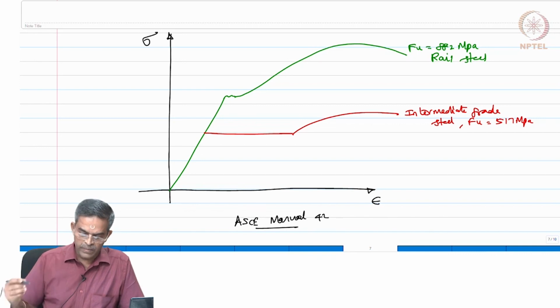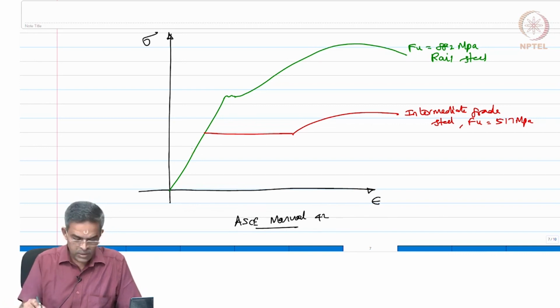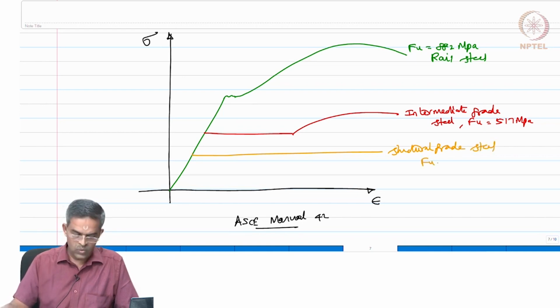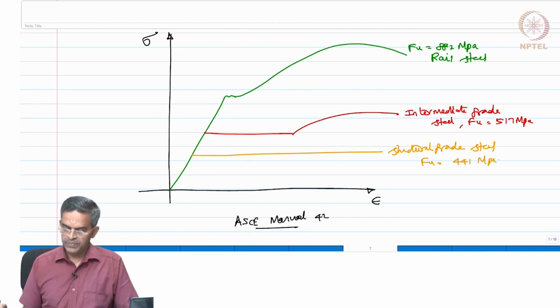Here is one more steel which is much below this, which shows a plateau, which is structural grade steel whose Fu is 441 megapascal.